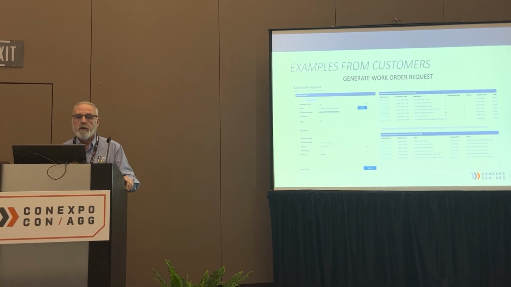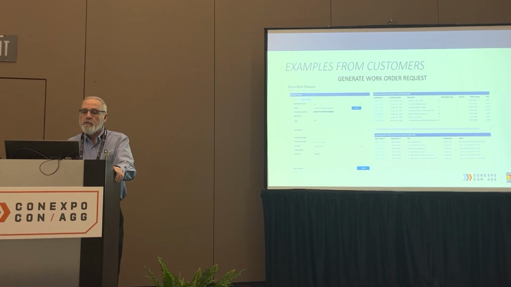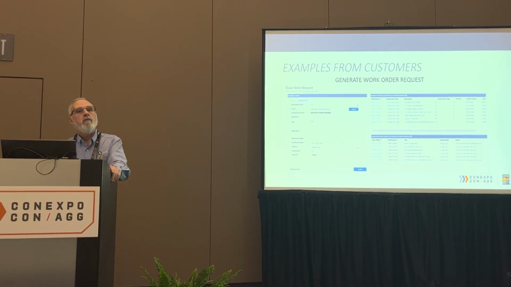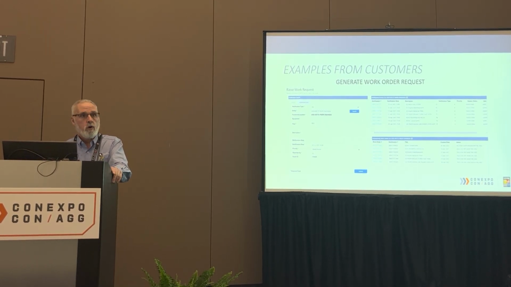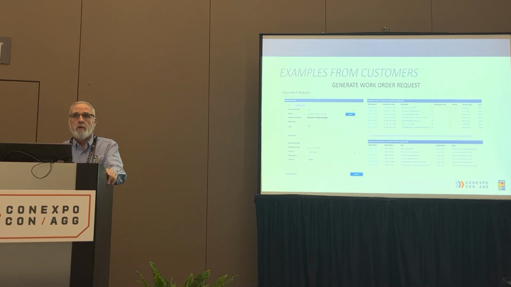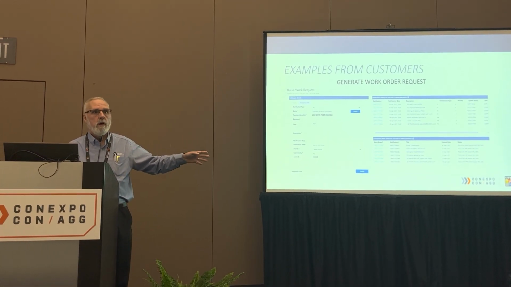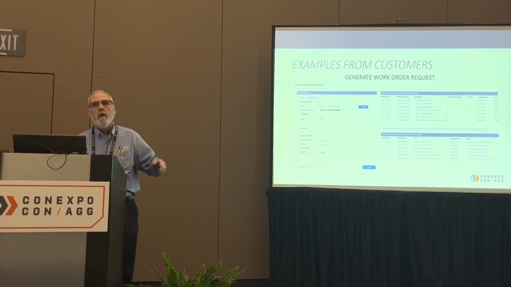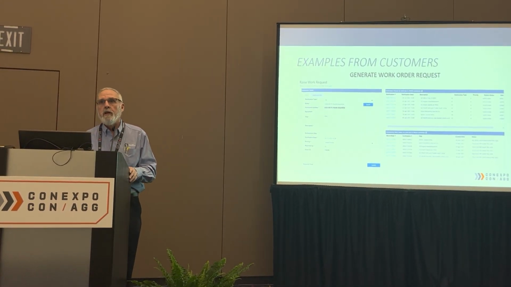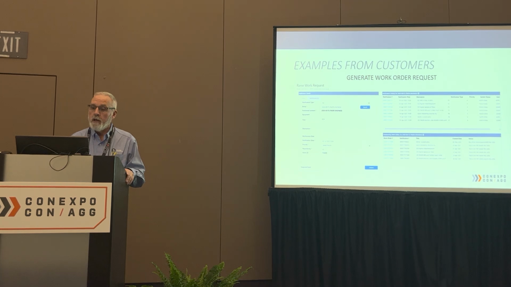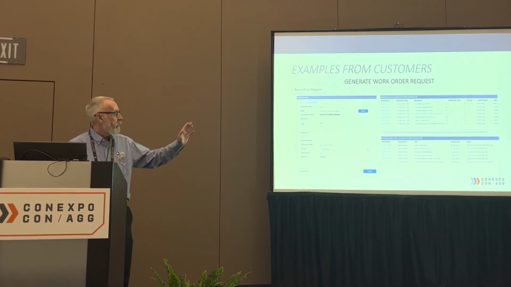Let me show you another example. This customer wanted a list of potential work orders based on condition monitoring. Now they had their telematics in here, they had their vibration in here, they had their fluid analysis results in here, and then their maintenance planner would review the list on the right.